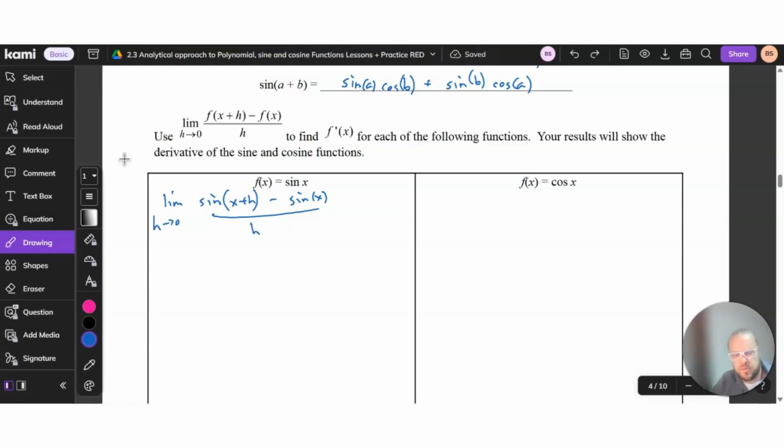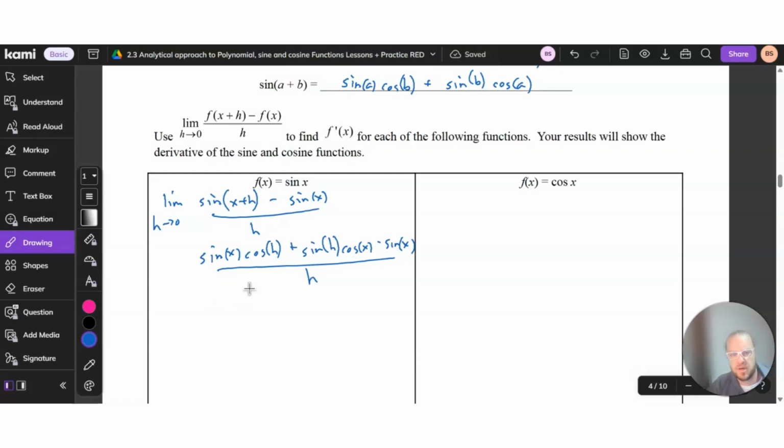And so this would be sine of x cosine of h plus sine of h cosine of x minus sine of x all over h. And let's see.